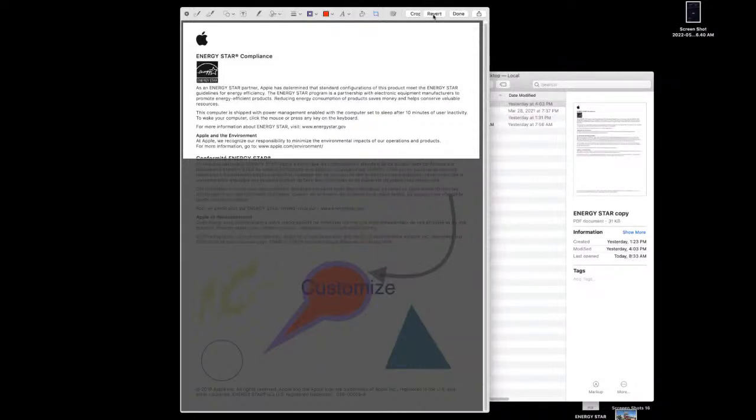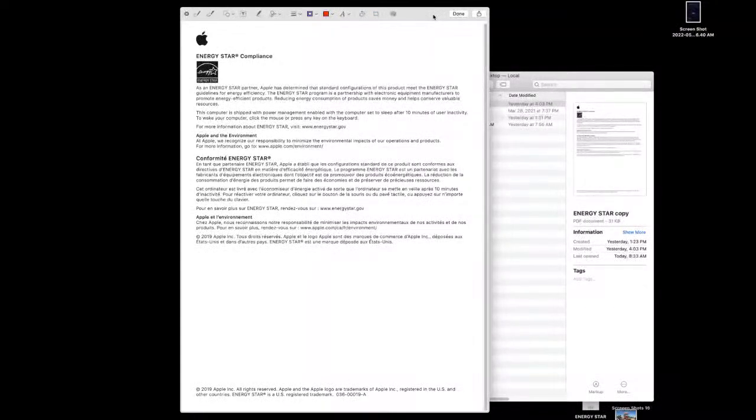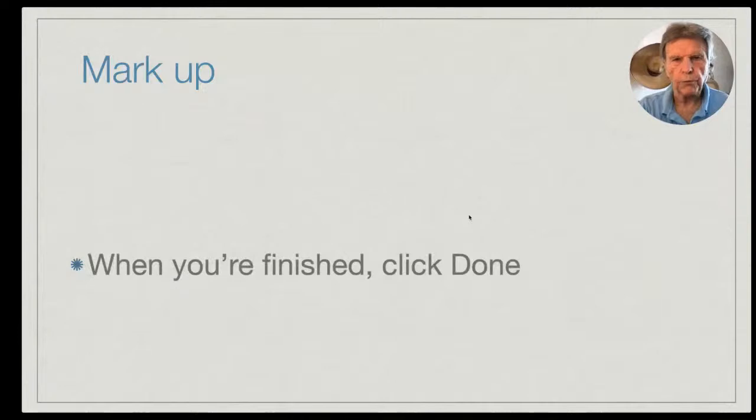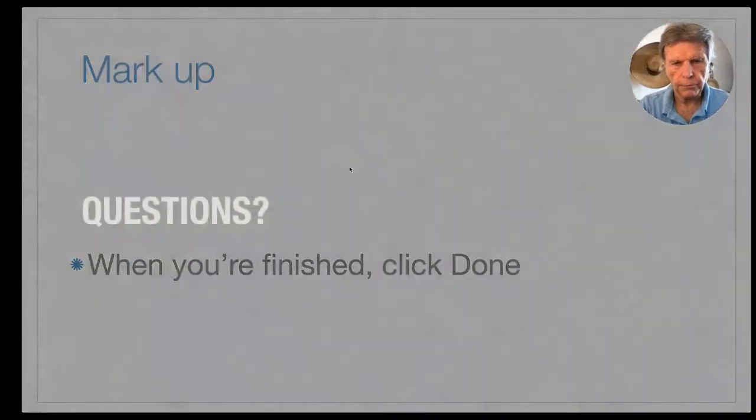Now I'm going to click on revert to undo all my changes. So now we have a clean document. So when you're finished doing all these different edits to your document, you click done in the upper right hand corner, and all your edits will be saved.